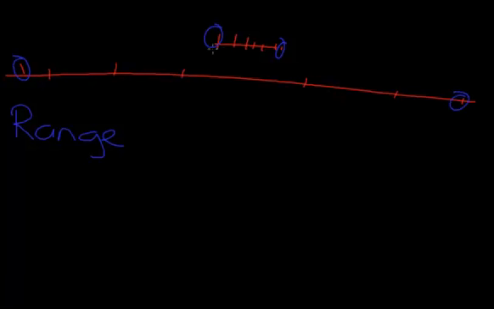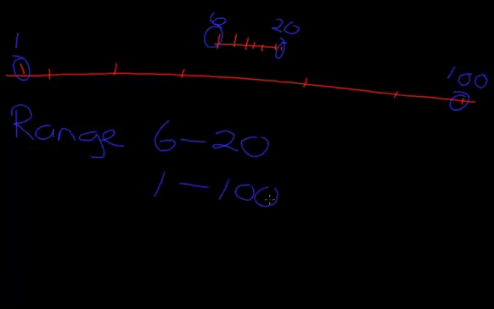So in this case, if we said this was, let's call this 6, let's call that 1, let's call that, say 20, and let's call that 100, we could say the two ranges, one sample has a range of 6 to 20, and the other sample has a range of 1 to 100. And that would tell us the spread of this sample in very simple form.